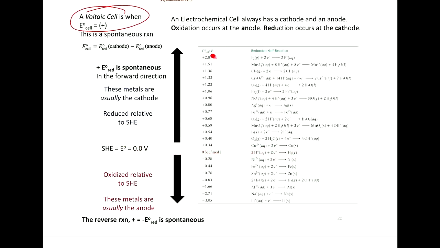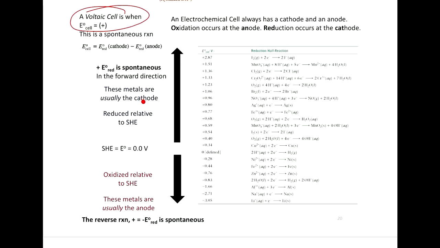So all of these substances with positive reduction potentials, notice how all of these reactions are written in the reduction form. So all of these substances are reduced fairly easily. You can think, okay, the reduction reaction is a somewhat spontaneous reaction because it's more positive than the standard hydrogen electrode.